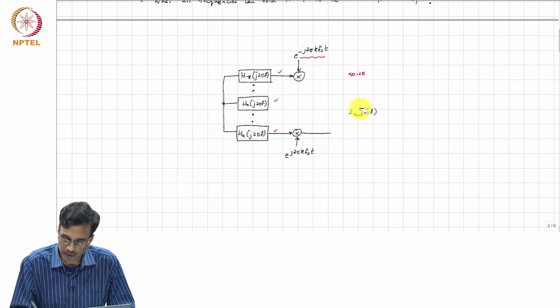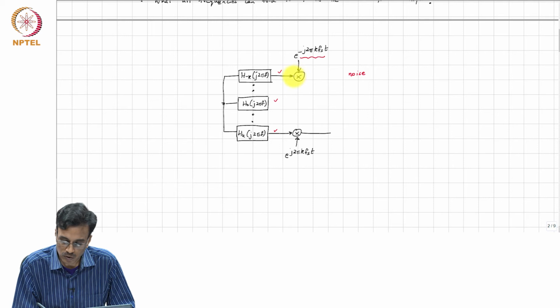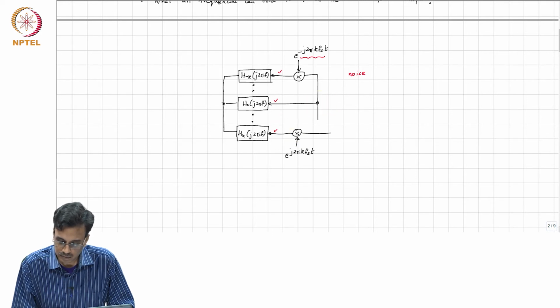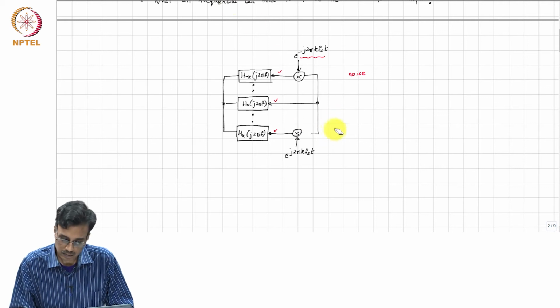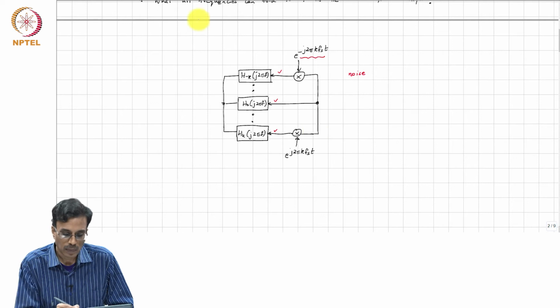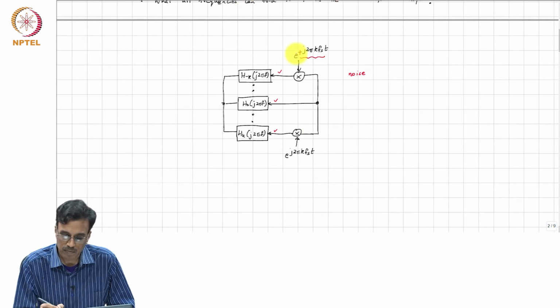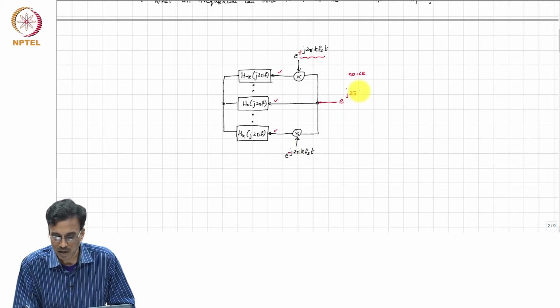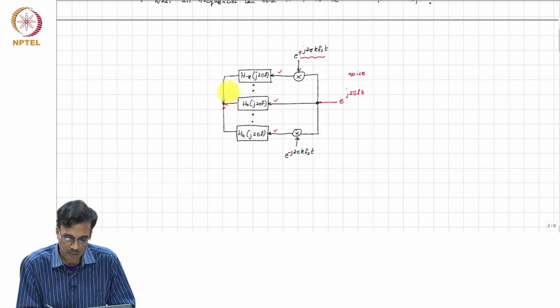The summing node becomes the pick off point, and the gain has to become at reverse time, and you excite it with e to the j 2 pi f t, and this becomes a summing.